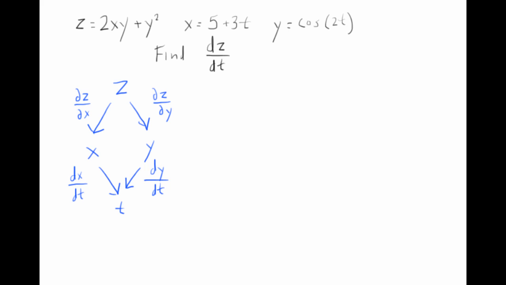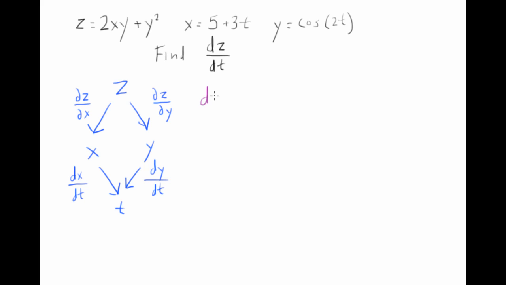Now here's what we're going to do. To find dz dt, we want to think about all the trips from z down to t. We want to multiply the derivatives together down each trip from z to t and add those products together.